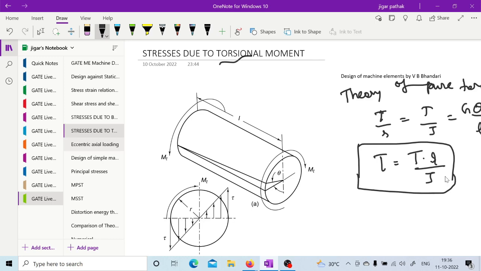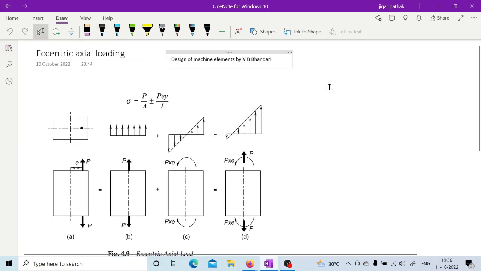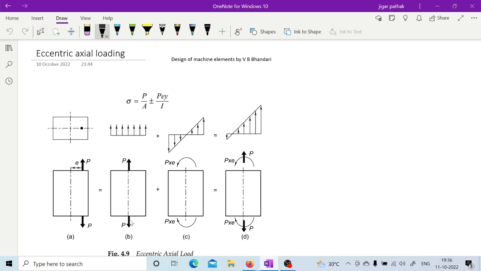Previously we have seen the stress due to bending moment. Now sometimes eccentric loading is present in your component. As you can see in figure A, the given condition has an external force acting at a particular distance from the axis, or we can say the central axis of the component.